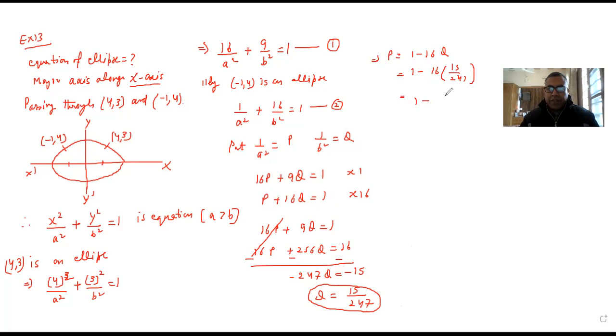So multiply 16 with 15 to get the net answer. Hurry up, quickly solve it to get the value of p.